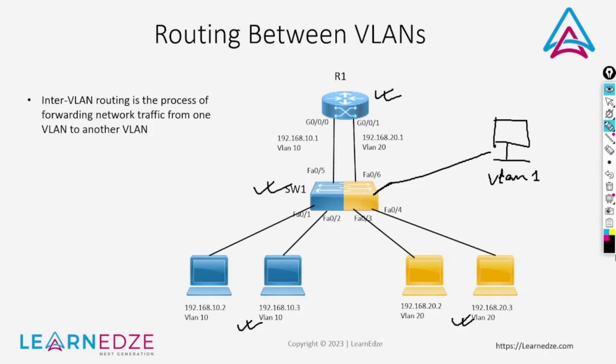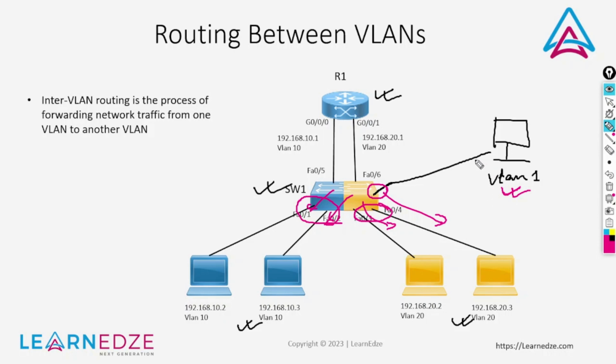So all the PCs are in different domains. In this scenario you will not be able to communicate with the PCs that are in a different VLAN. Only those PCs which are in VLAN 1 will you be able to communicate with, troubleshoot, and manage.